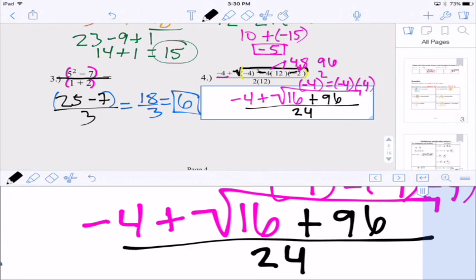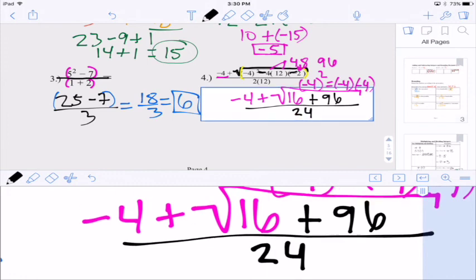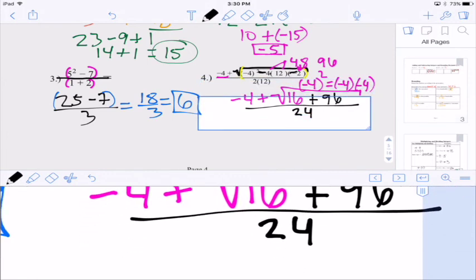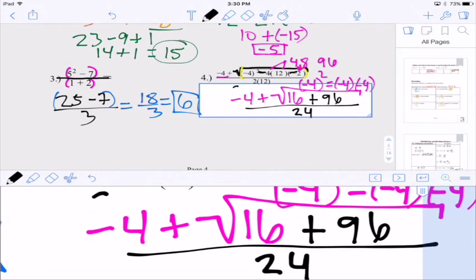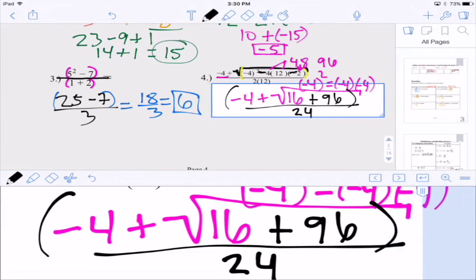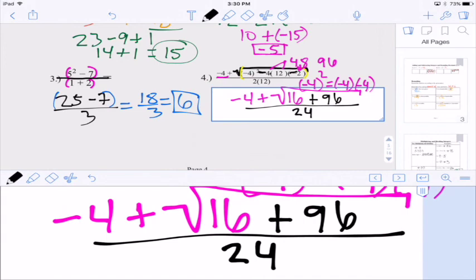Okay, so again, order of operations, we need to do that stuff inside the radical first. And then I'm going to do my denominator right now because I can, because remember, this is a parenthesis, that whole fraction bar. So we need to keep simplifying inside this stuff.